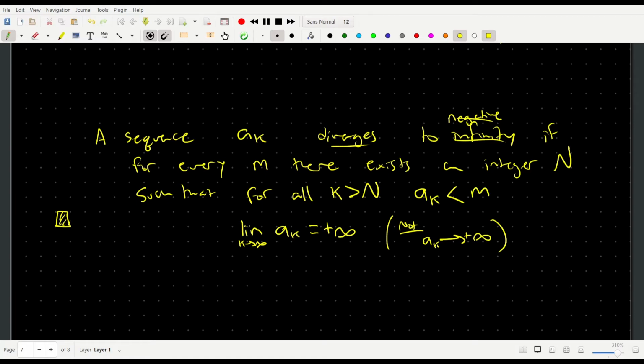And if this is the case, then we say that the limit as k goes to infinity of a_k is equal to negative infinity, or a_k arrow negative infinity. So these definitions are very, very similar to what it means for a function to go to positive or negative infinity.